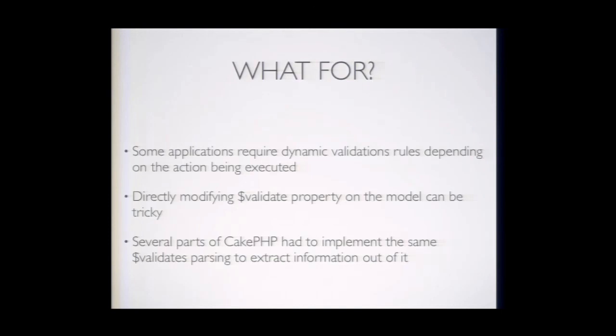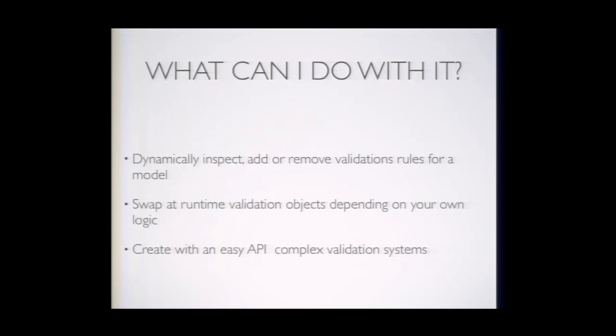So some applications actually require dynamic validations. Directly modifying validate on the model can be tricky, because sometimes people define the full array structure, sometimes they only define a string, sometimes keys are missing, so it's not easy to just say, oh, let me read this key there. You need to check in advance if stuff is there. And as I told you, several parts of CakePHP implemented the parsing.